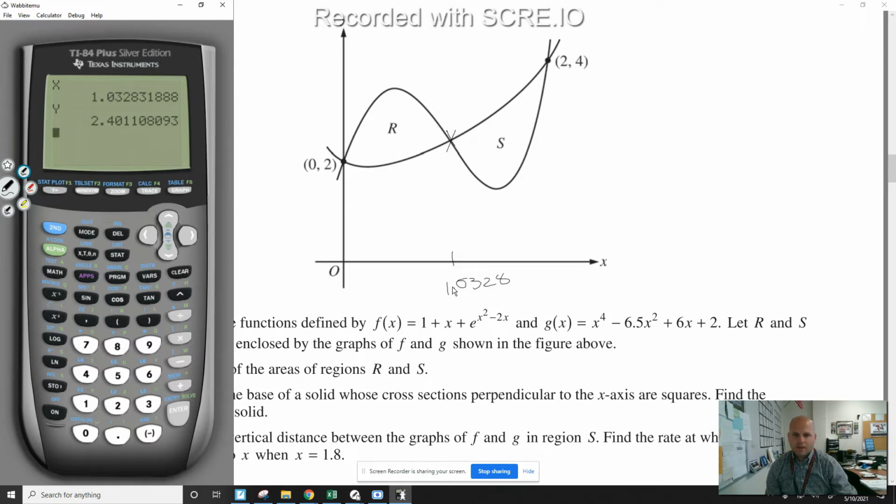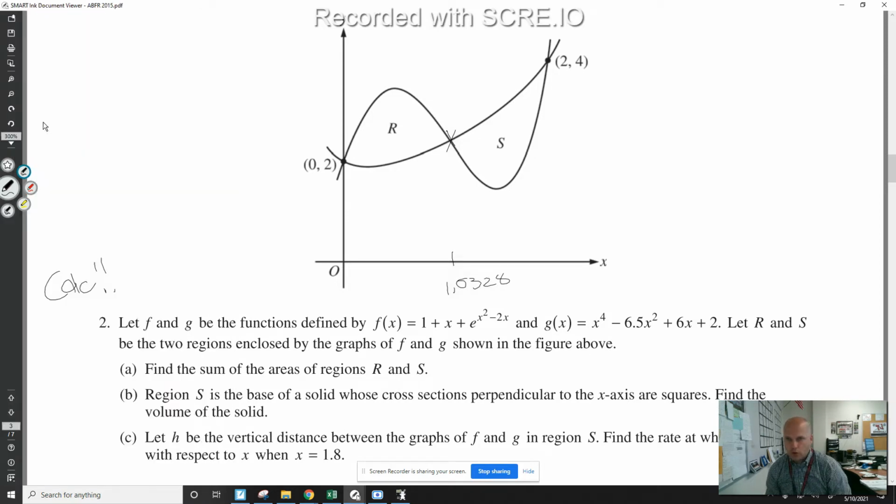So this is 1.0328. Now, you could have this split up and go from 0 to 1.0328 of top minus bottom. It's the x to the 4th g minus the f. Or, and then add from 1.0328 to 2, a new top minus bottom, which is f minus g.